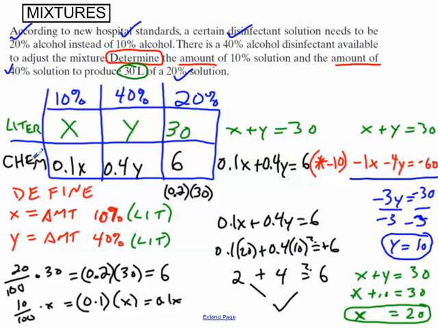How much chemical do you have? This could be alcohol, antifreeze, salt, any kind of chemical. And the trick then is also figuring out how much you have, what you add to it, and then what you get. You have to pay attention to that in the wording up here. But there is a system of equations, an example of using a system of equations to solve mixture problems.